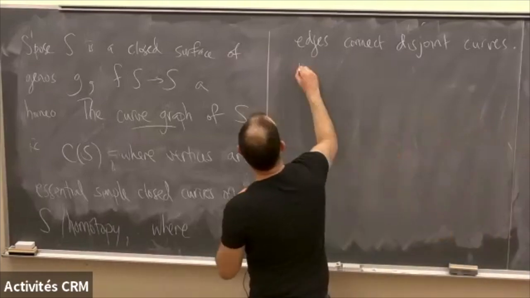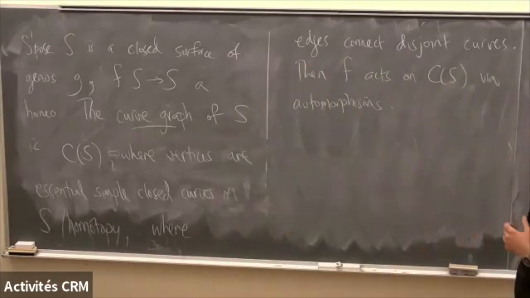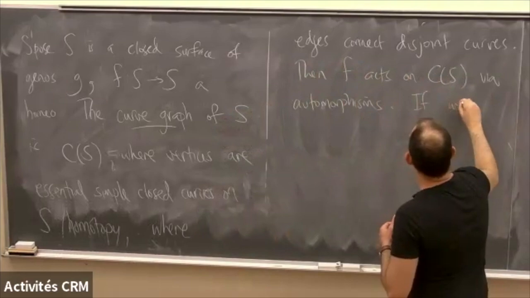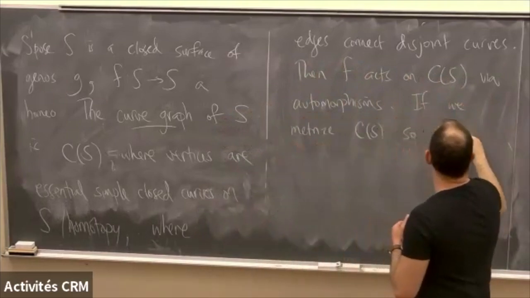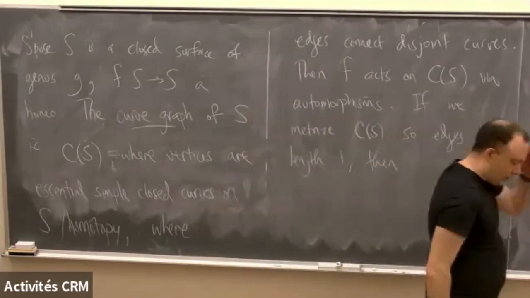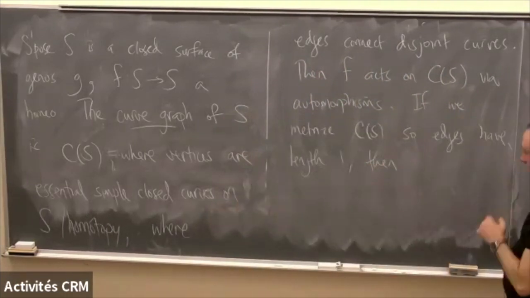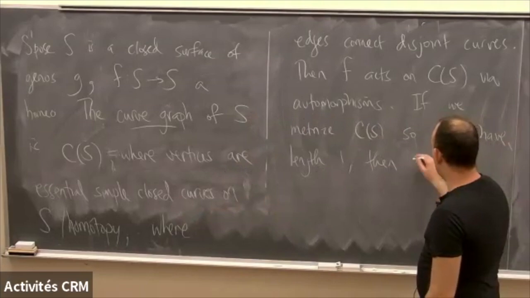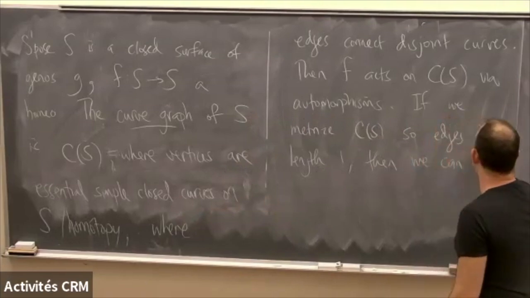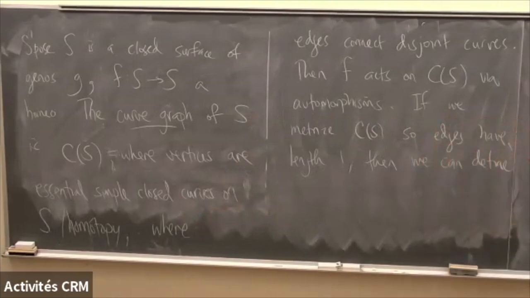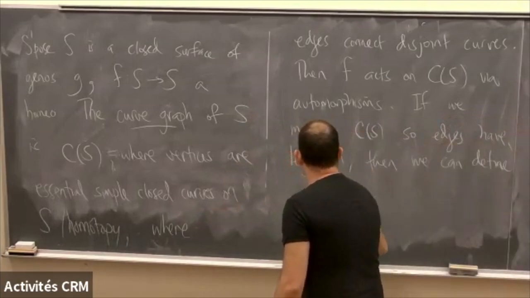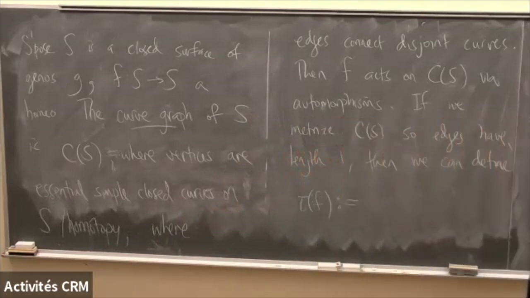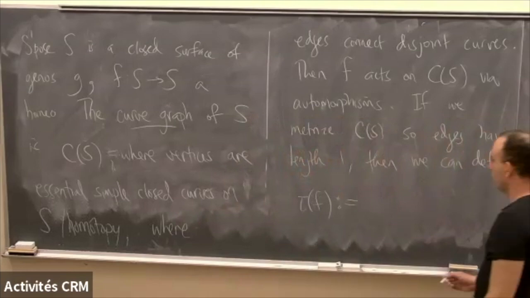Okay, and if we metrize C of S, so edges have length 1, then we can define the translation length of F. I'll call this tau of F. And so tau of F is just the minimal amount that you translate a vertex.